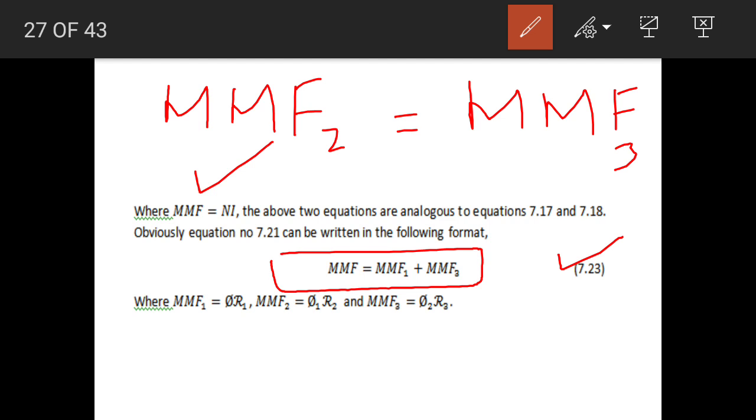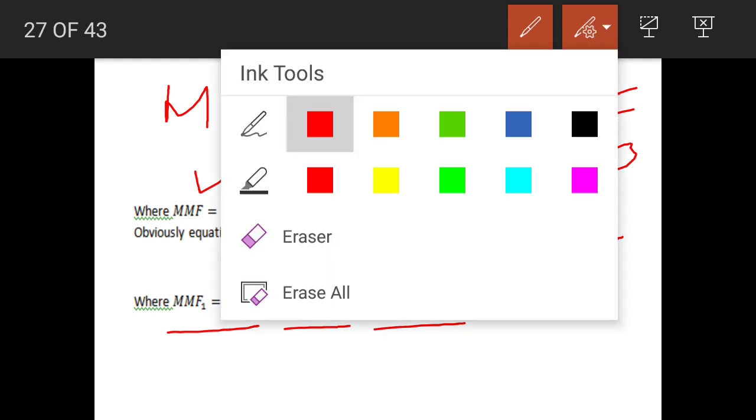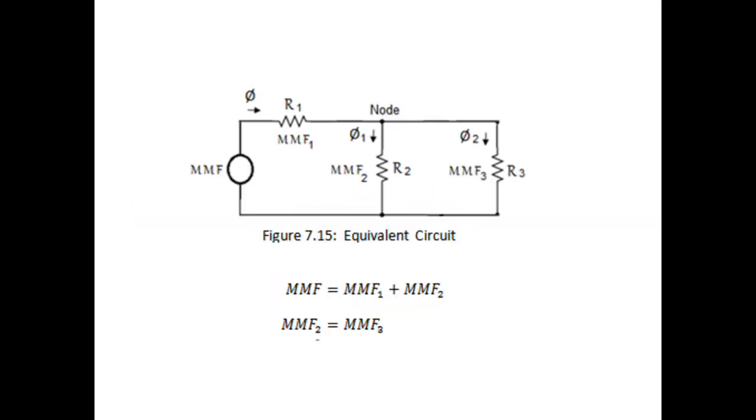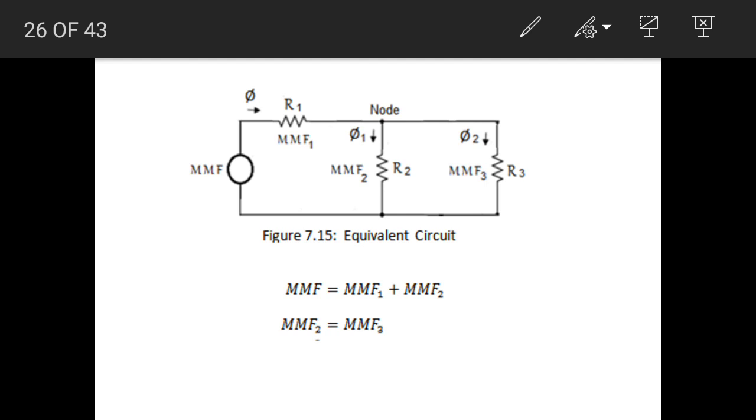We know that MMF1 will be equal to phi R1, MMF2 will be equal to phi 1 R2, and MMF3 will be equal to phi 2 R3. Let us consider this particular circuit.